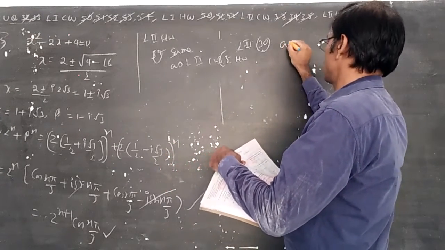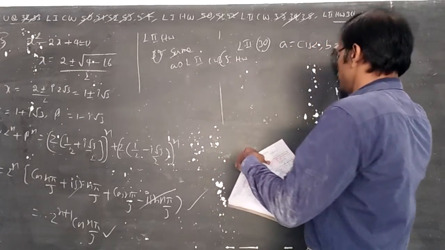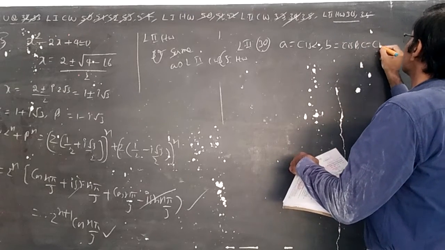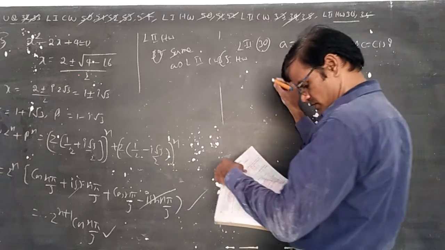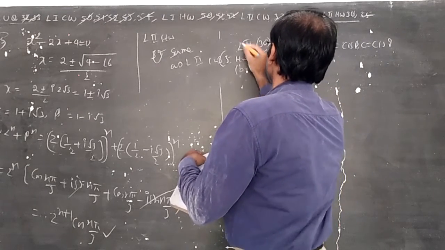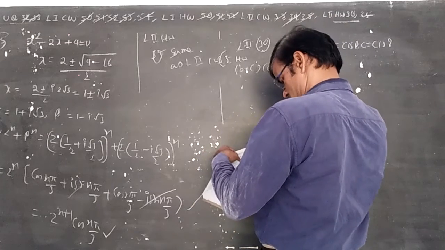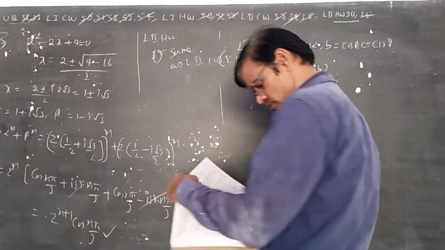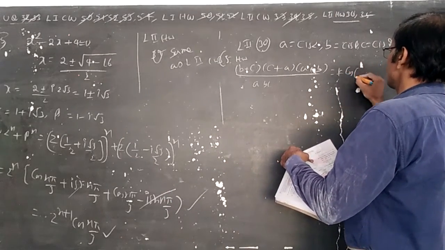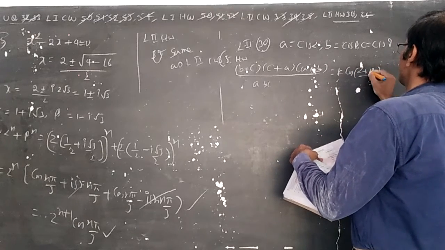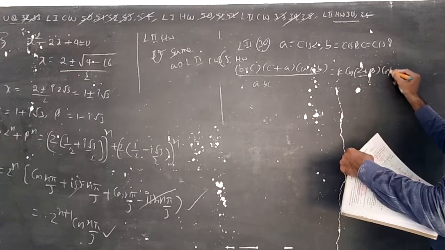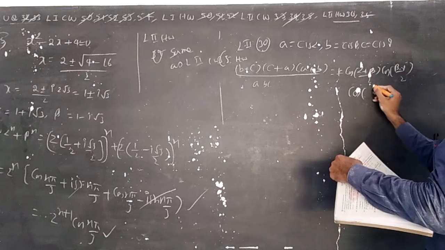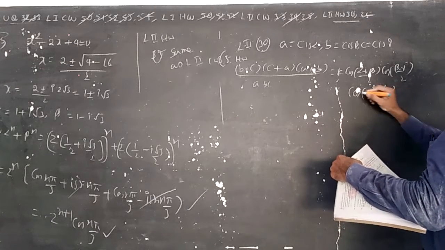A = cis α, B = cis β, C = cis γ. (B + C)(C + A)(A + B) by ABC is equal to K cos((α + β)/2) cos((β − γ)/2) cos((γ − α)/2).